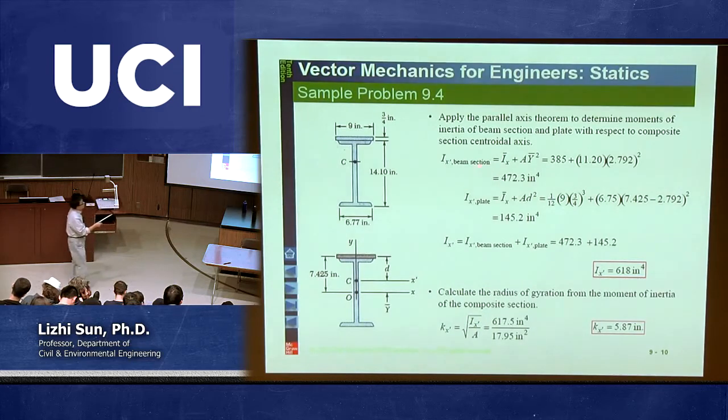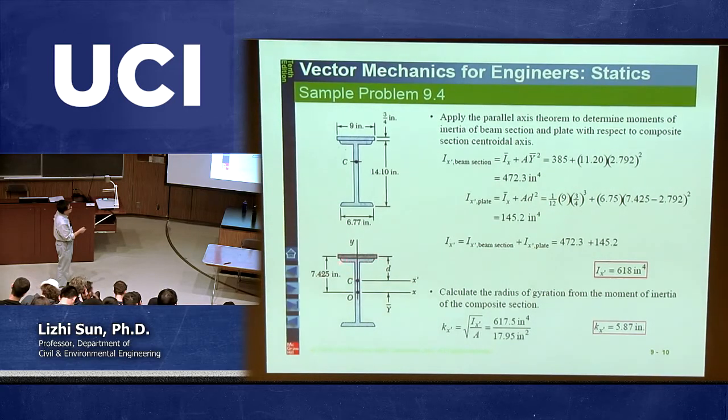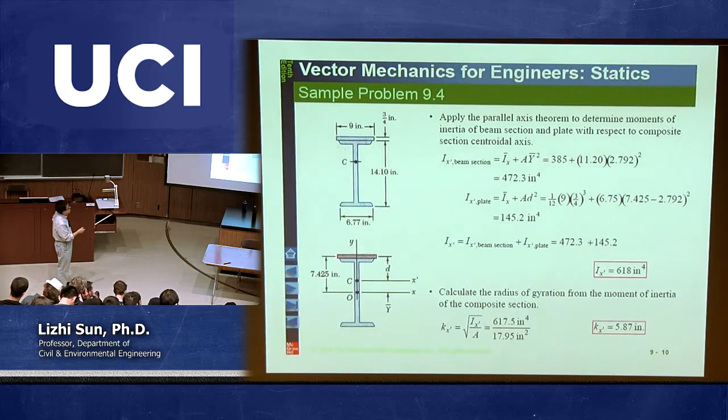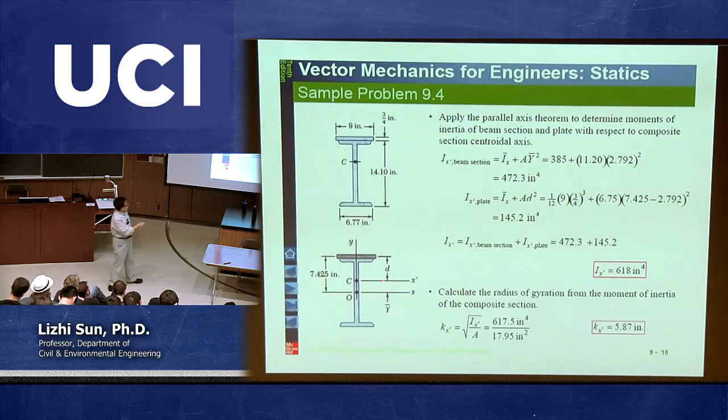So let's first calculate the moment of inertia with respect to x prime based on this second component. We call it W14/38. Forget about this top rectangular shape first. Obviously we don't know what it equals, because if you look at this local W14/38, the moment of inertia about x prime we have no idea.